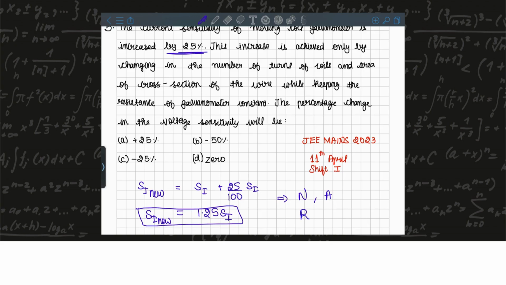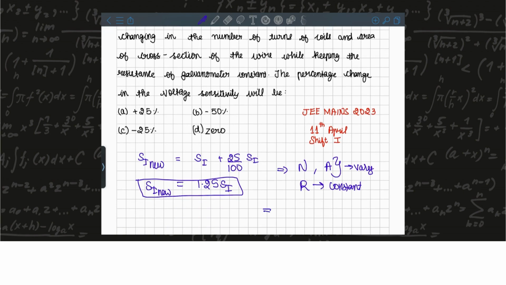So the only constraint that we have over here is R is constant, whereas number of turns of coil and area of coil are going to be varying. That means it is also changing.